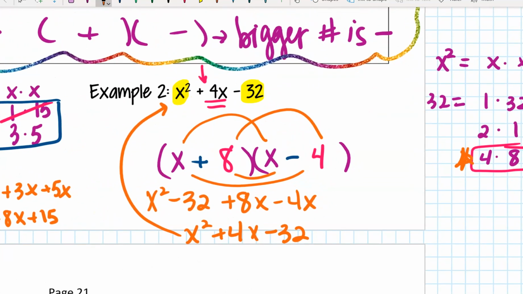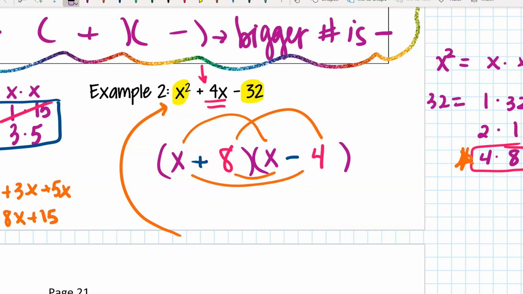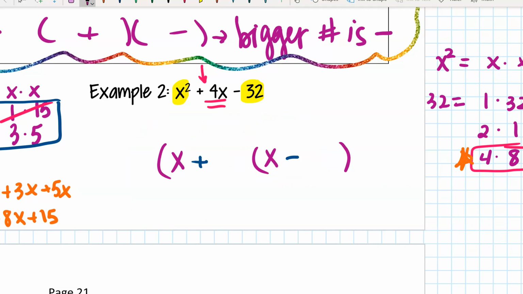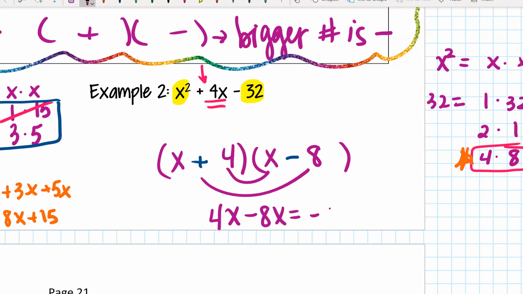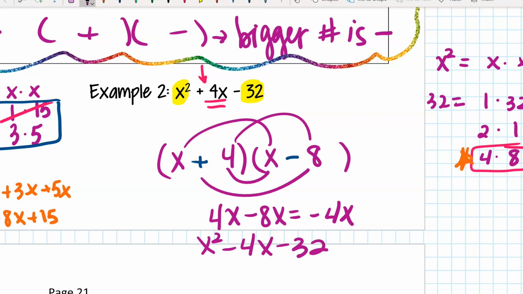Now, if I did not, let's look at if I did not choose correctly. Okay, so let me erase all this. If I did not choose correctly and I put the 4 in front with the positive and the 8 with the negative, that means when I do my nose and my mouth here, my inner and outer lines, I have 4x minus 8x, which gives me a negative 4x, which means when I do the rest of my FOIL, I end up with x squared minus 4x minus 32.